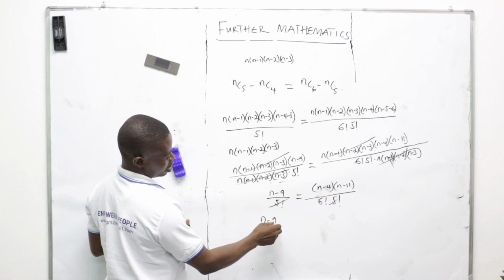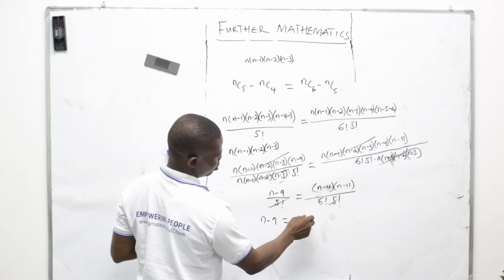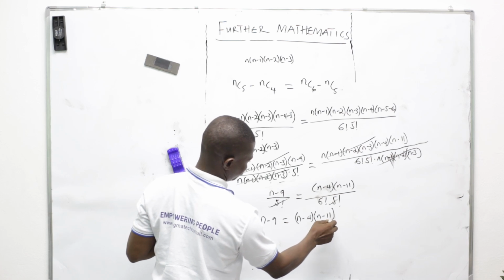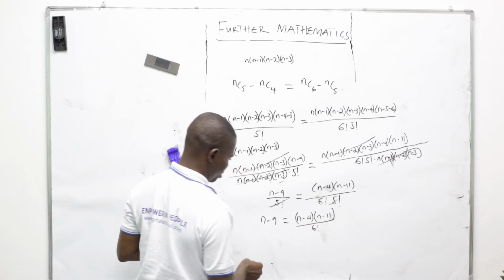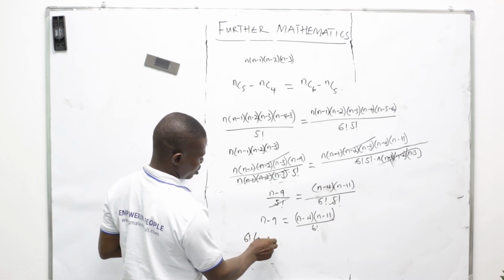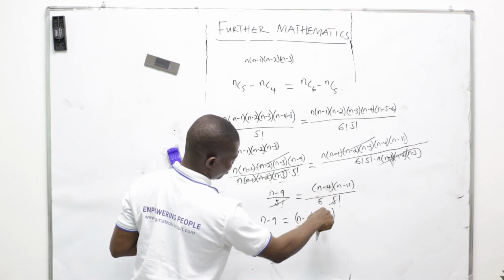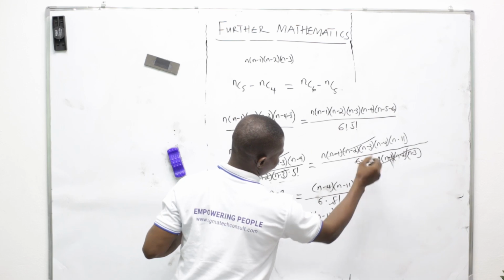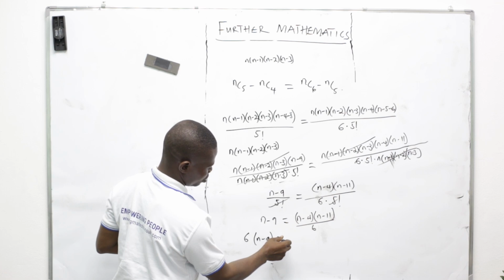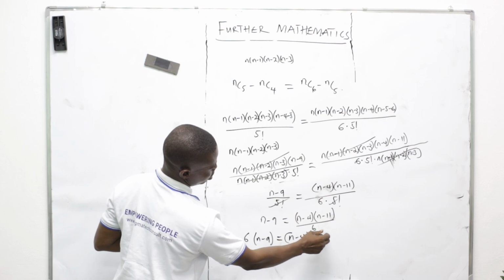So n minus 9 now equals n minus 4 into n minus 11 all over 6 factorial. So 6 factorial into n minus 9 equals n minus 4 into n minus 11.